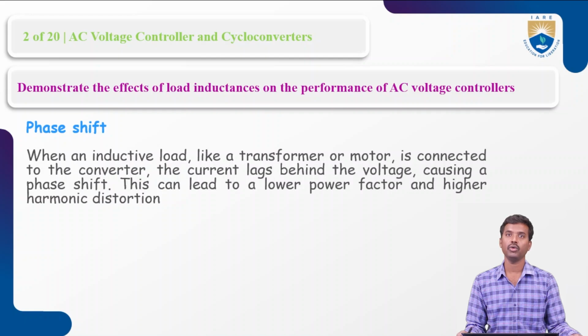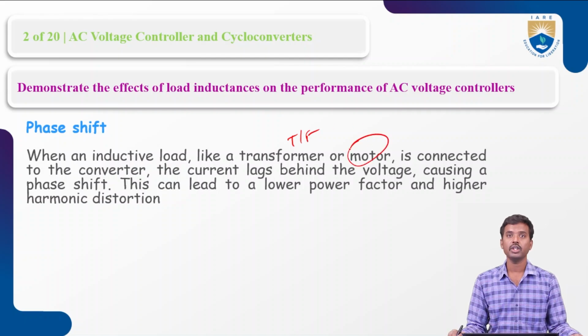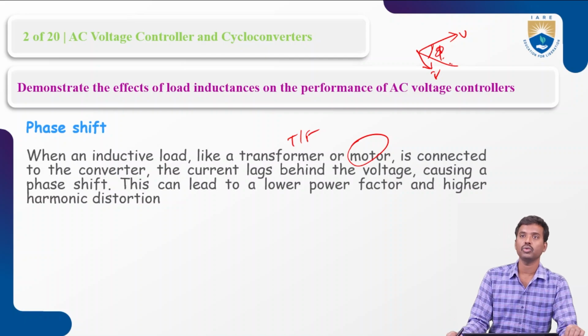When an inductive load such as a transformer or motor is connected to the controller or converter, the current lags the voltage by some angle, which is the lagging angle. That causes the phase shift.